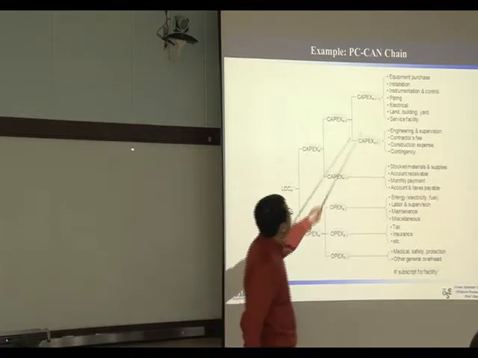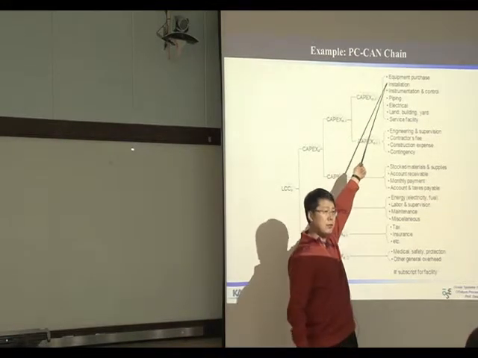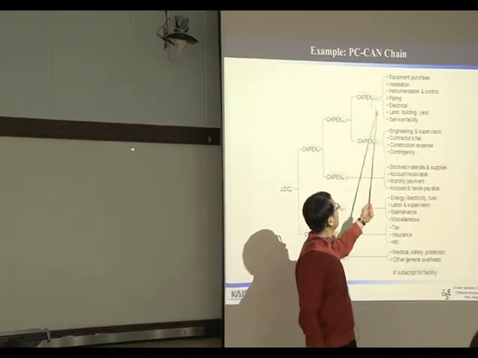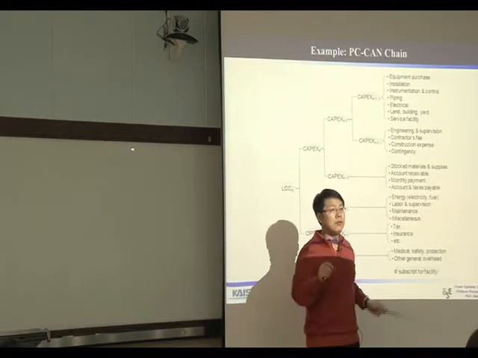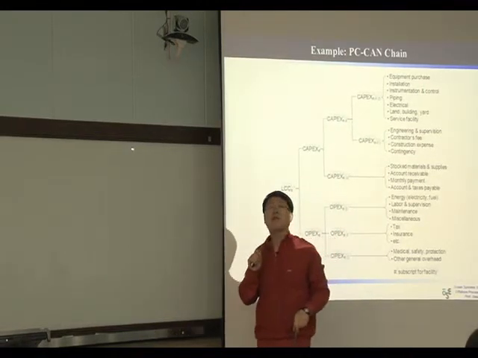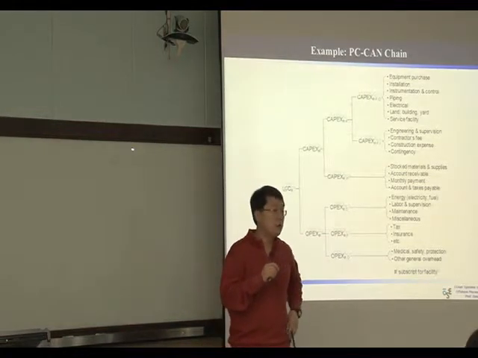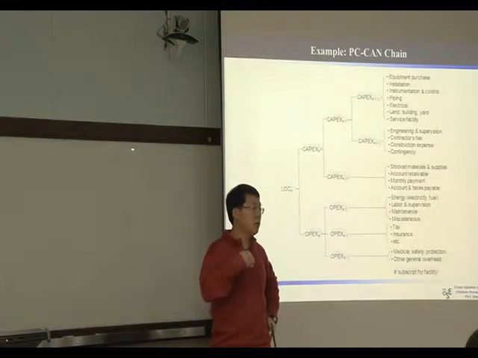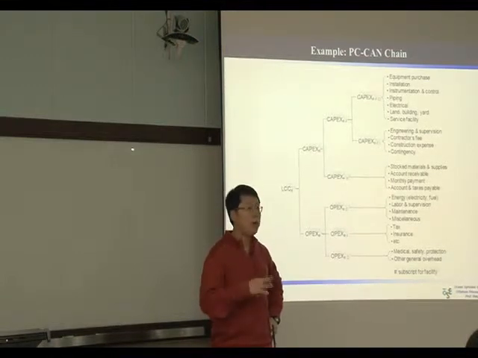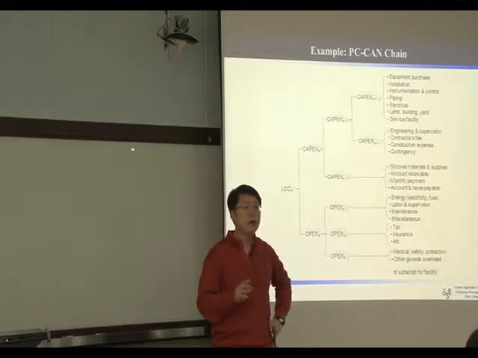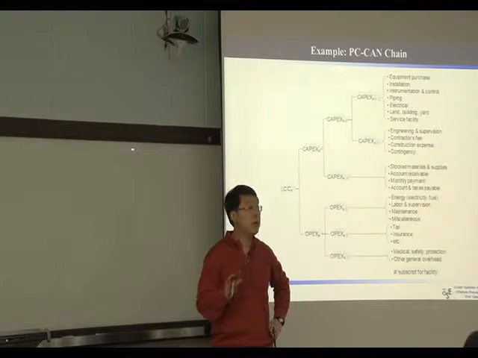For example, they estimate equipment purchase cost, but they do not rigorously estimate the cost of piping. But we know from the experience in this industry, the piping cost is usually, for example, 5% of the total equipment purchase.